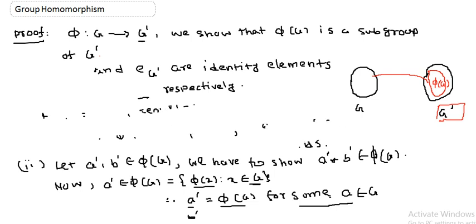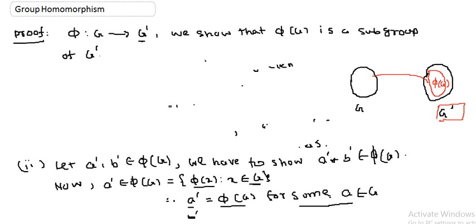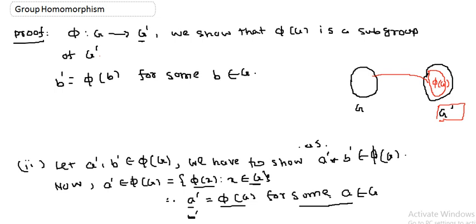So here we go. We have already seen that condition 1 holds for the subset phi of G. Now we are trying to verify whether condition 2 holds or not. So B dash will be the same as some phi of B for some element B of the group G. So what do we know now?